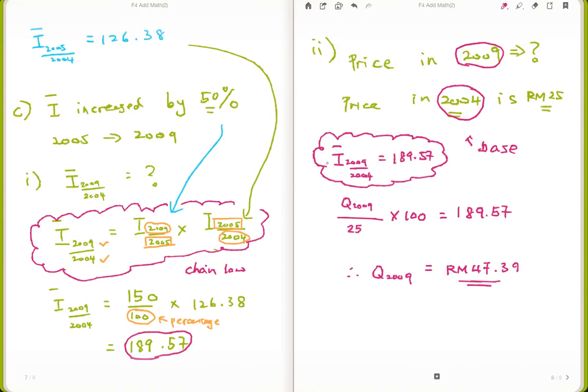The hard part would be the chain law here, as well as the concept of percentage here. You need some time to digest this piece of information.